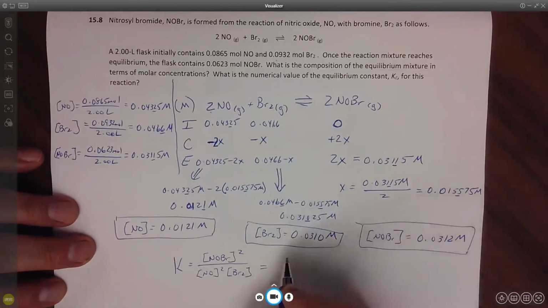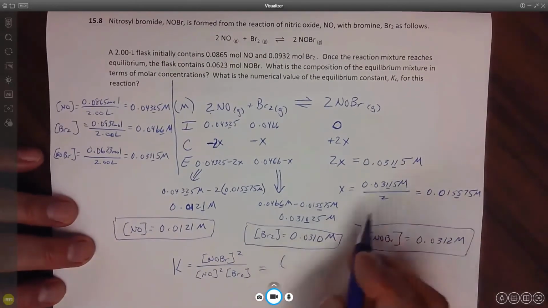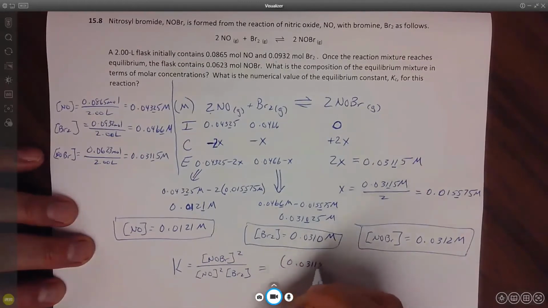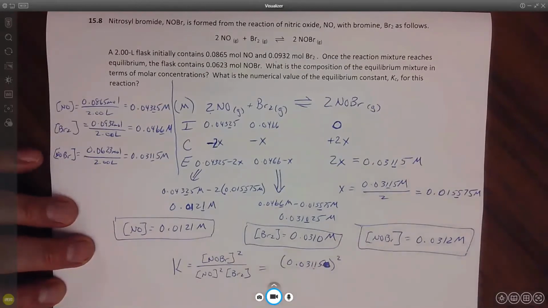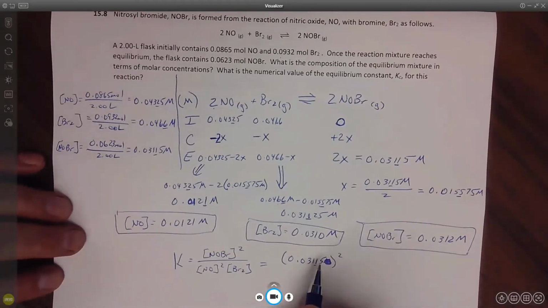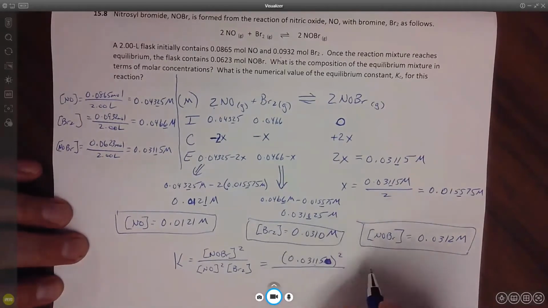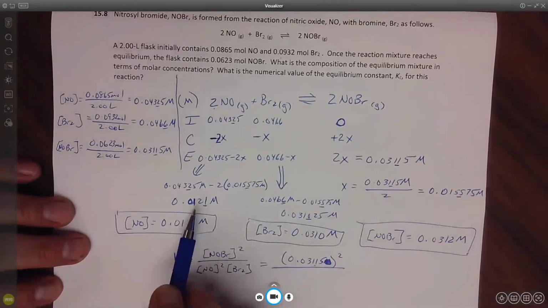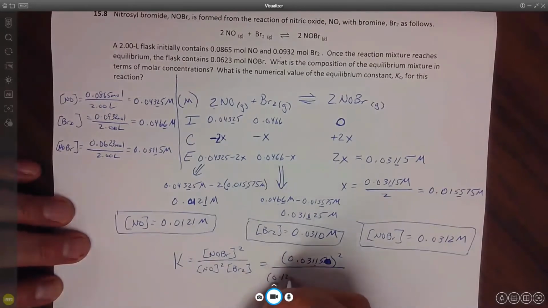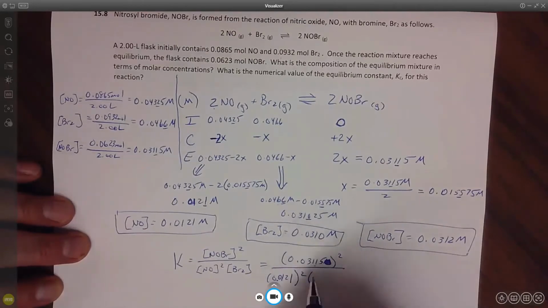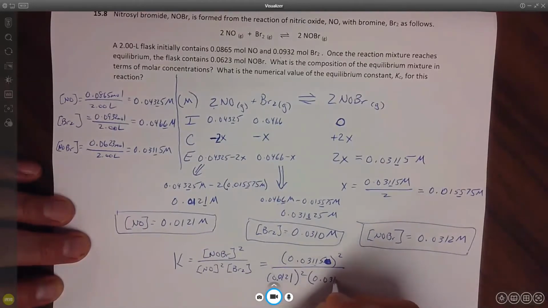So I'll plug them in. I'm going to use the unrounded values. So that would be 0.03115 molar squared. Well, I'm going to ignore units for the K value because the concentrations are always given in molarities. Then the NO, which was 0.0121 squared, and then the 0.031025.